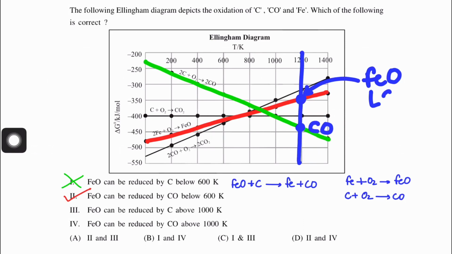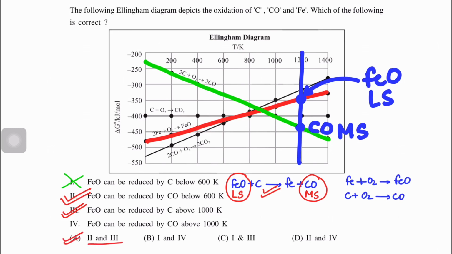So FeO is less stable, CO is more stable. So again, the reaction is going from less stable to more stable. It means this is again a feasible reaction. So the third one is also possible. So 2 and 3 both are possible. Option A is wrong.